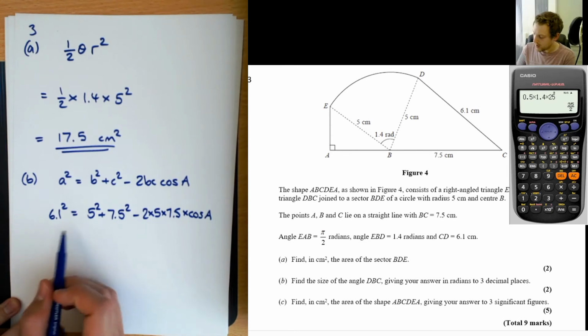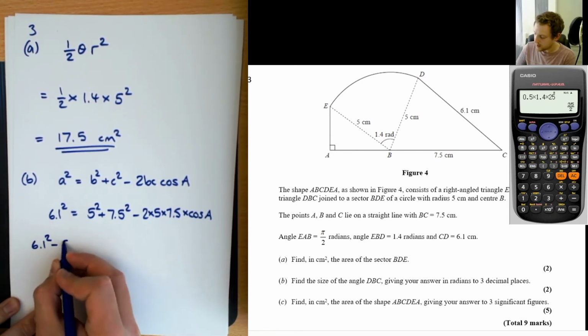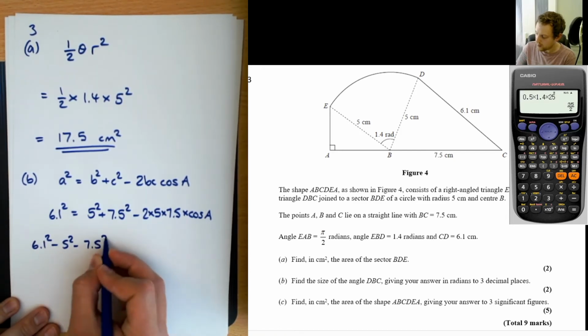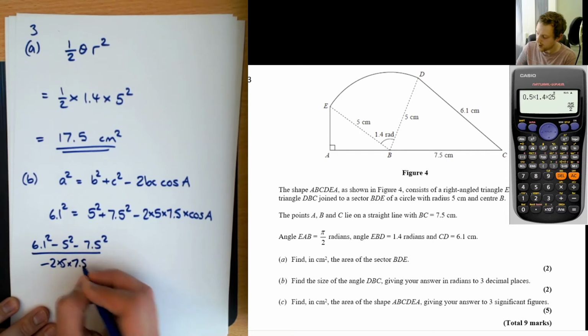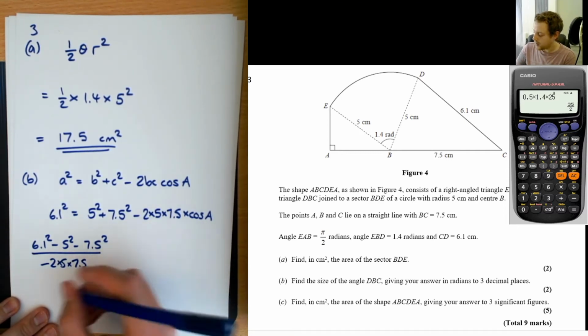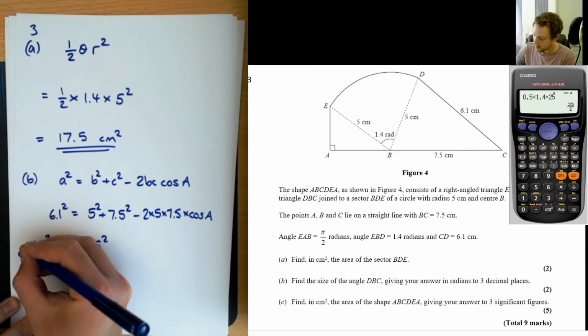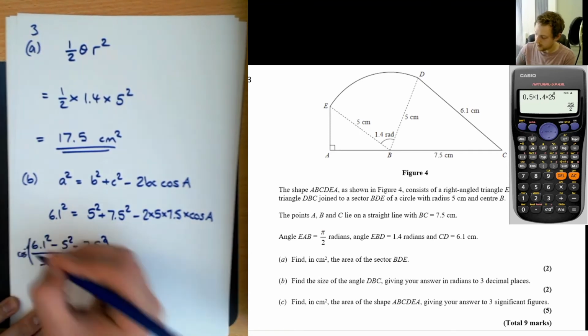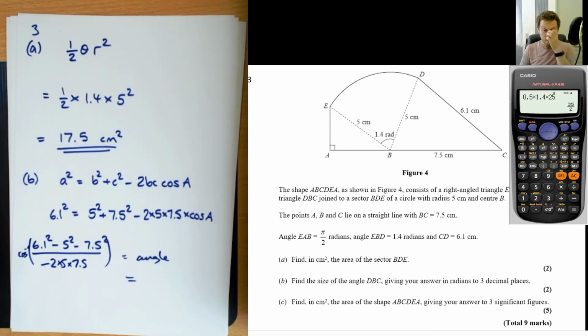So anyway, let's work this out. So 6.1 squared minus 5 squared minus 7.5 squared, all divided by minus 2 lots of 5 lots of 7.5. And if I do cos inverse of that, it's going to be my angle. So let's type that in.